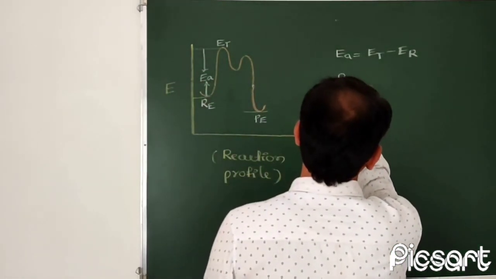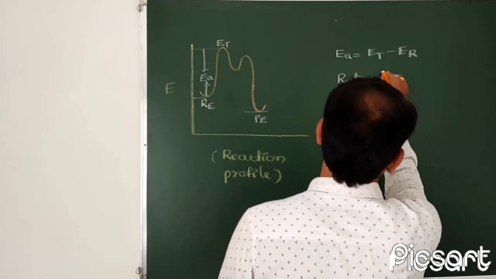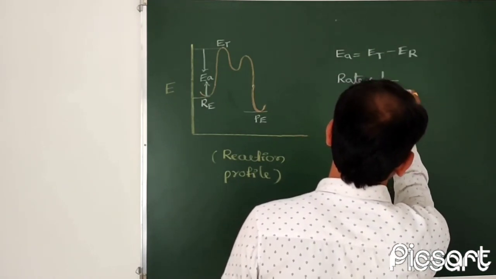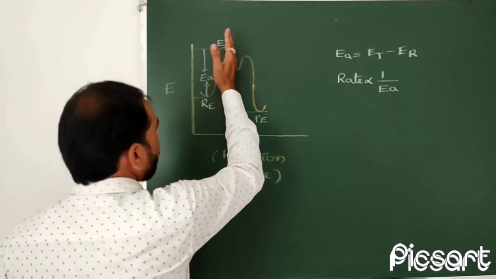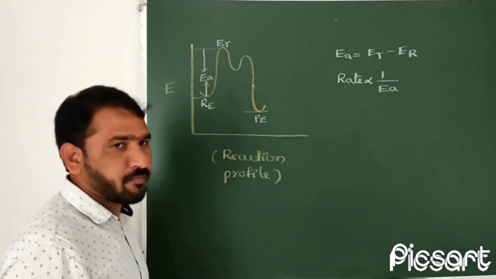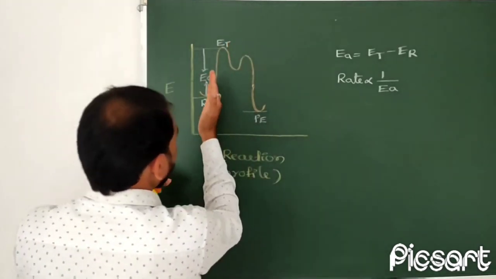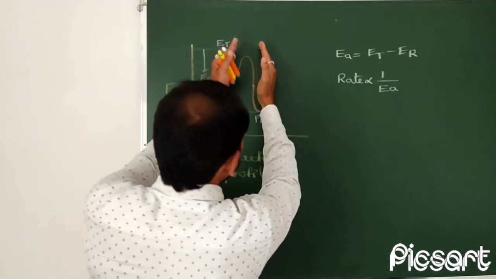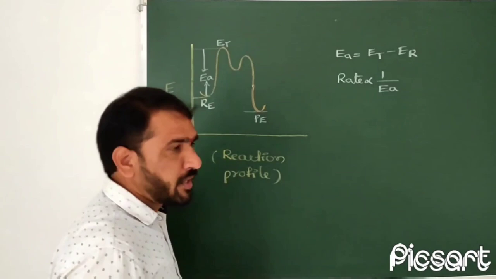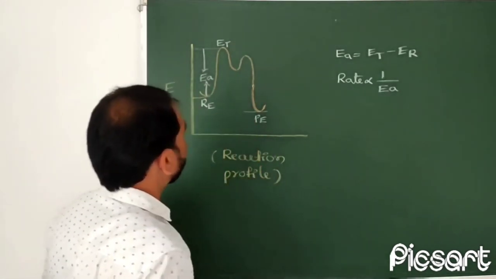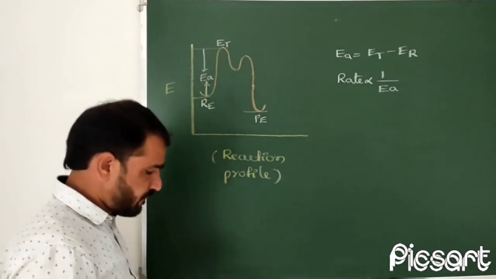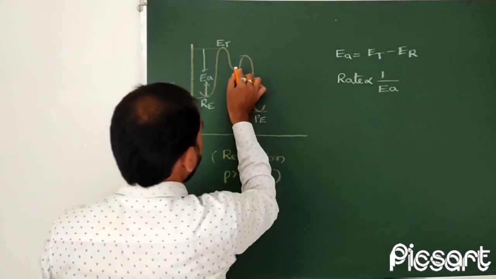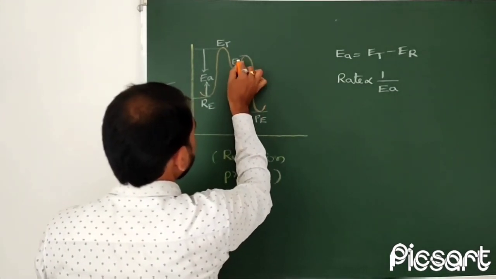Therefore, rate is inversely proportional to activation energy. Okay, then coming to the first part of the graph. This is the part that explains step 1. This is the part that explains step 2. Coming to step 1, it has this much activation energy, then step 2 has this much activation energy.